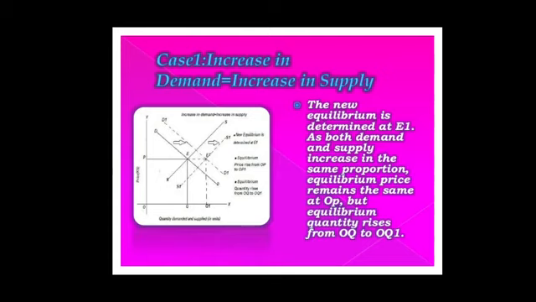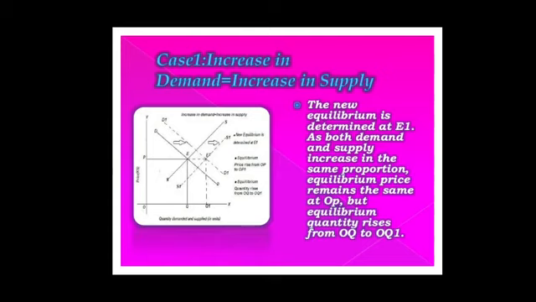At point E, OP is equilibrium price and OQ is equilibrium quantity. In case of increase in demand and supply, both the demand and supply curves shift rightwards to D1 D1 and S1 S1 respectively. We can see from the figure that increase in demand is equal to increase in supply.